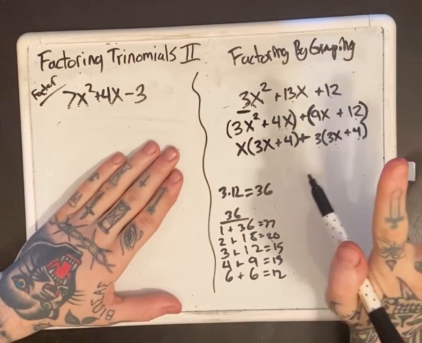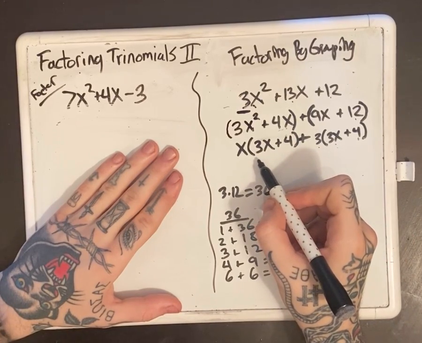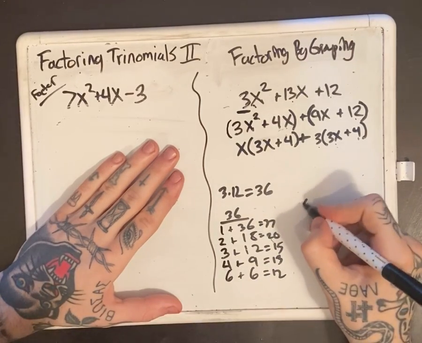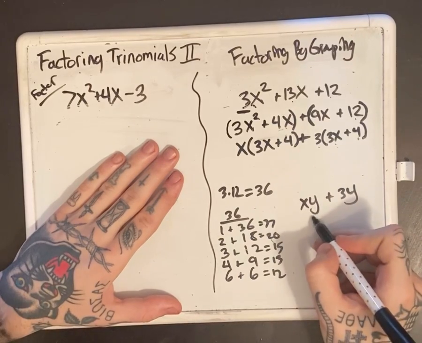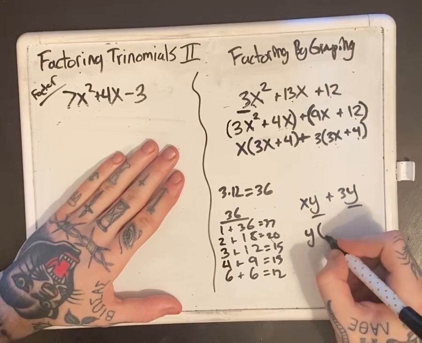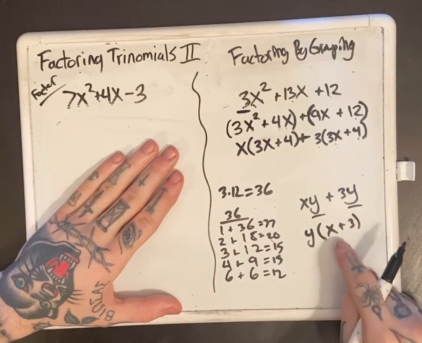So we're at the last step now. If I had xy plus 3y, we have these common y's, so I would pull them out, and I would say I have y times x plus 3, right?